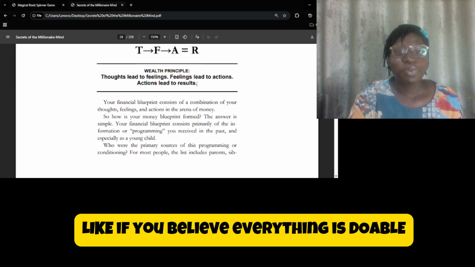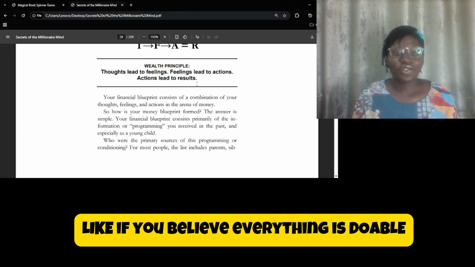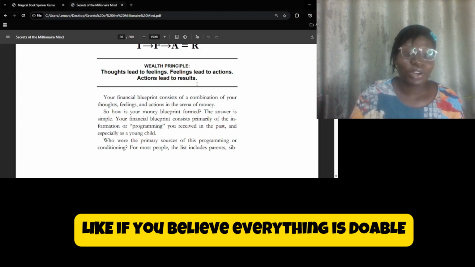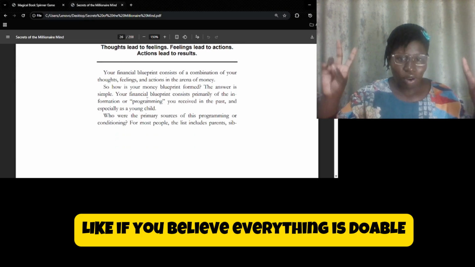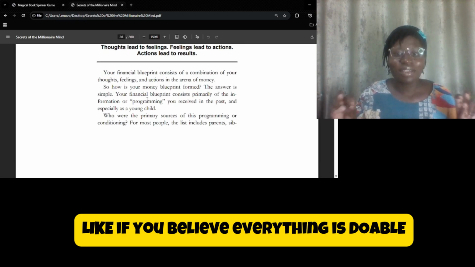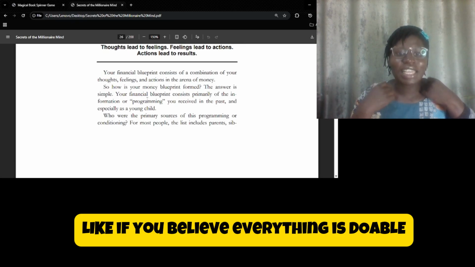Your financial blueprint consists of a combination of your thoughts, feelings, and actions in the arena of money. So how is your money blueprint formed? The answer is simple. Your financial blueprint consists primarily of the information or programming you received in the past, and especially as a young child.